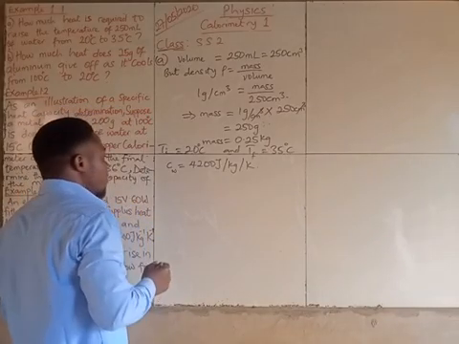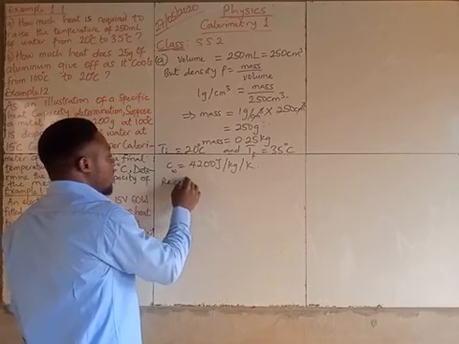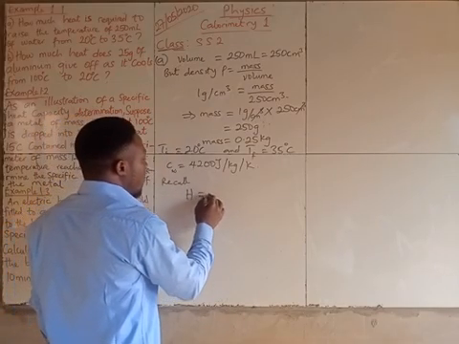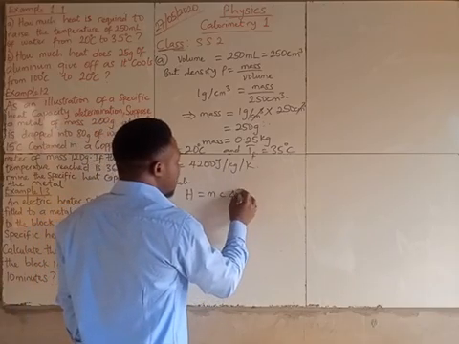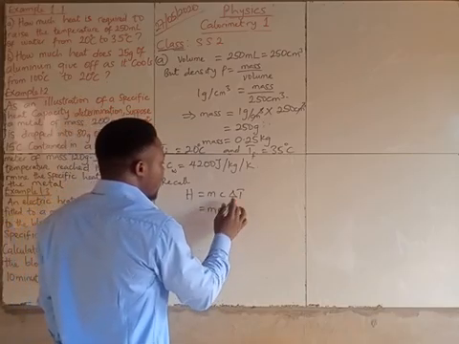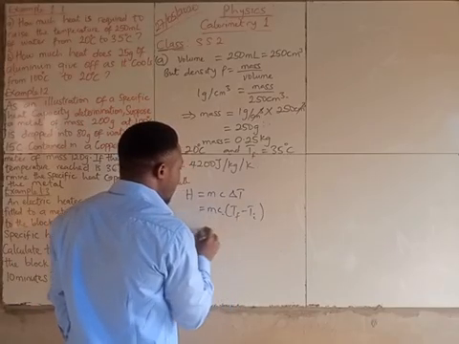And therefore, we can now recall that heat required, H, is equal to the product of mass, specific capacity, and change in temperature. That is mass C into bracket T final minus T initial, change in temperature.